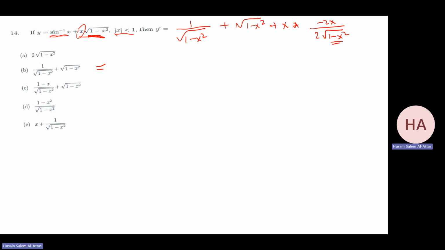So that will give us what? 1 over √(1 minus x squared) plus √(1 minus x squared).